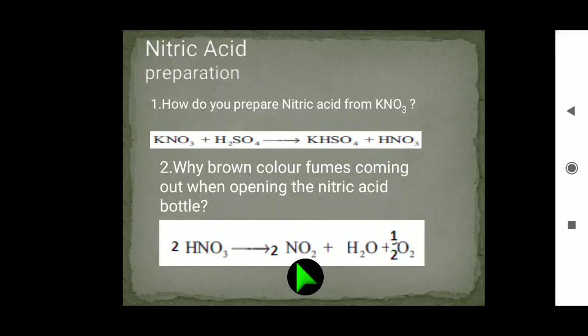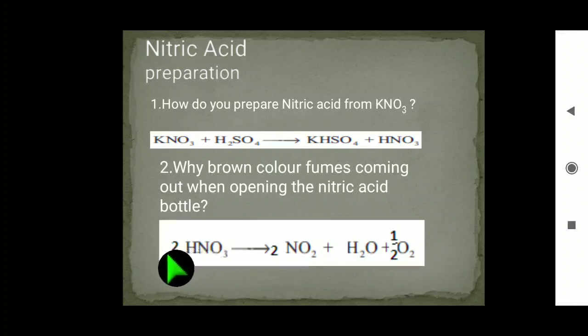Here I have given the equation. The 2 moles of nitric acid decompose to give 2 moles of nitrogen dioxide with water and oxygen. For balancing this equation, the left side has 2 moles of nitric acid, so nitrogen 2, here nitrogen dioxide, nitrogen 2, that's why I put 2.